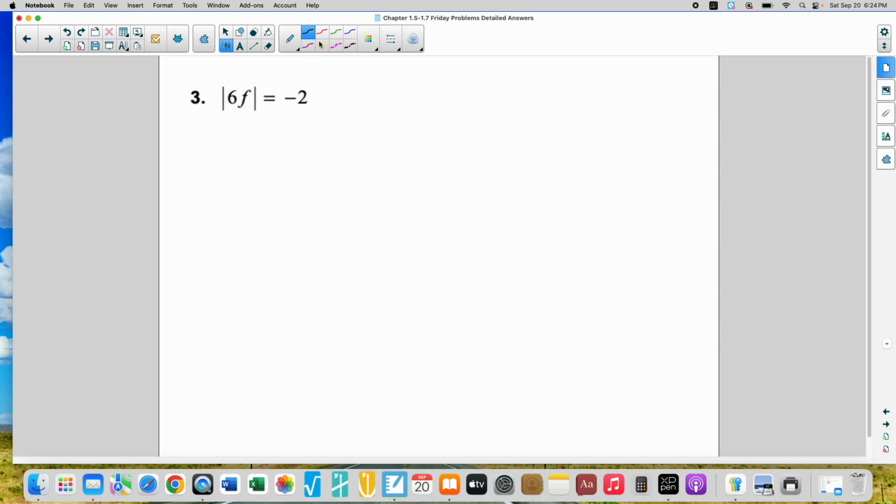So this is a trick one. This one you have to red flag. That's a red flag. Notice that we have an absolute value that equals a negative number. That's never going to happen.